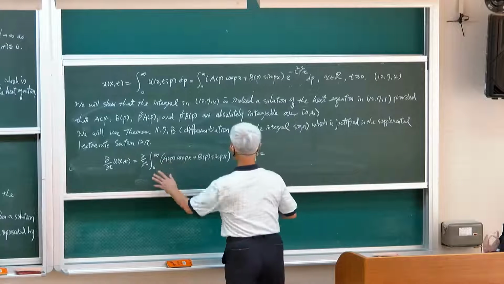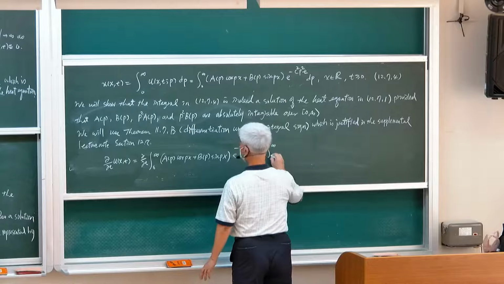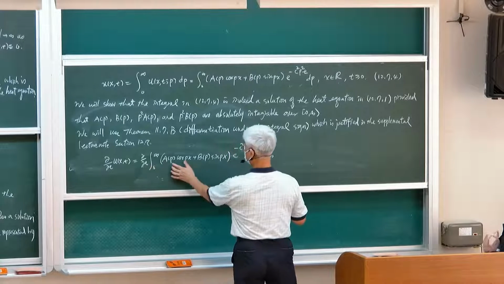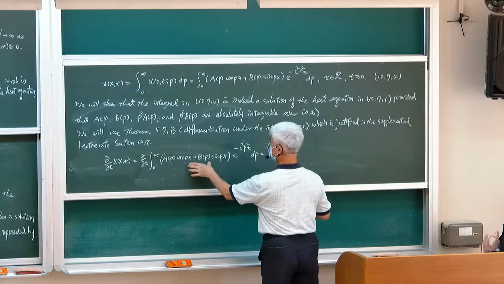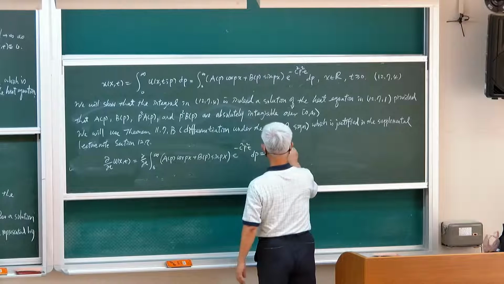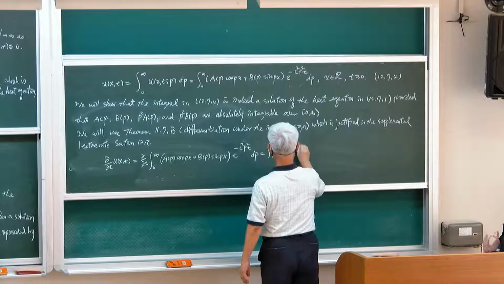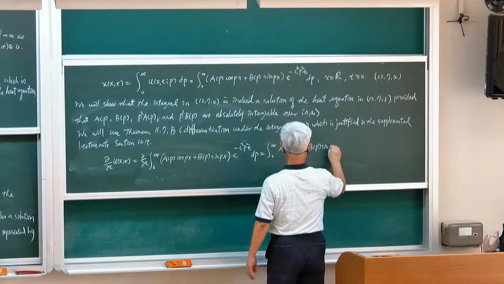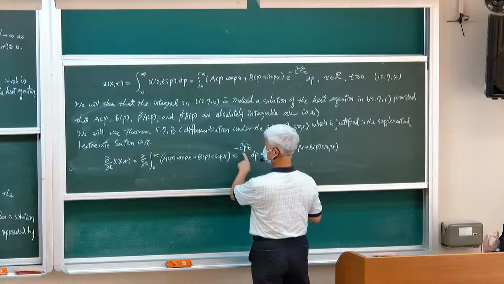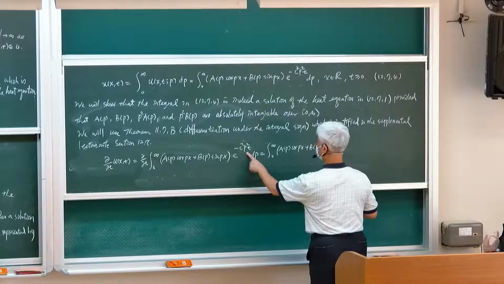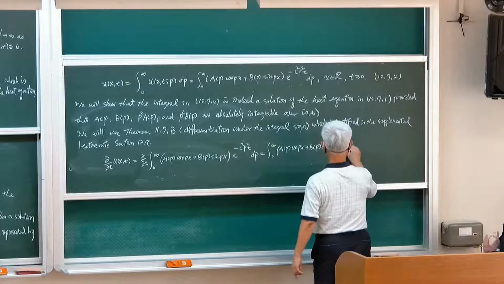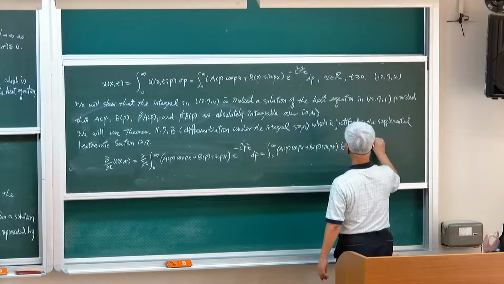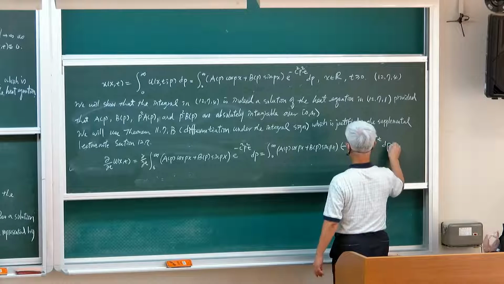Now we can exchange the order of integration. The partial derivative is with respect to t, but this part is independent of t, right? So we have AP cosine px plus BP sine px, but the derivative we have would be minus c squared p squared e to the minus c squared p squared t dp.